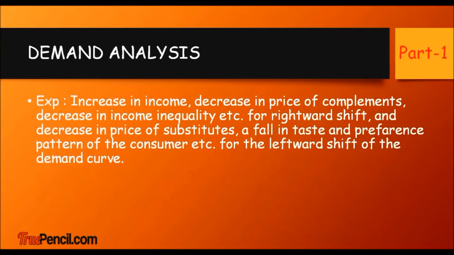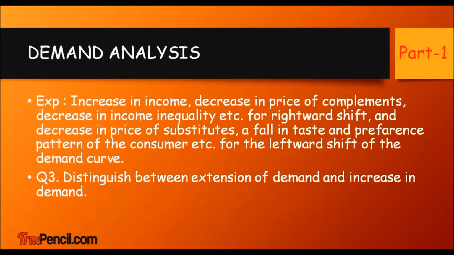For example, increase in income, decrease in price of complements, decrease in income inequality, etc. for rightward shift, and decrease in price of substitutes, a fall in taste and preference pattern of the consumer, etc. for the leftward shift of the demand curve.